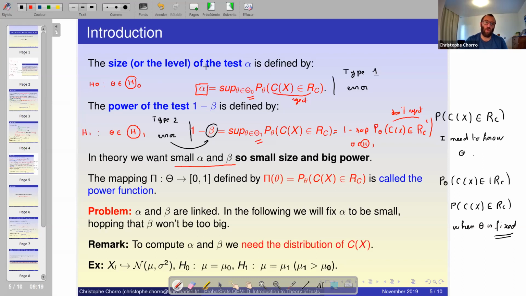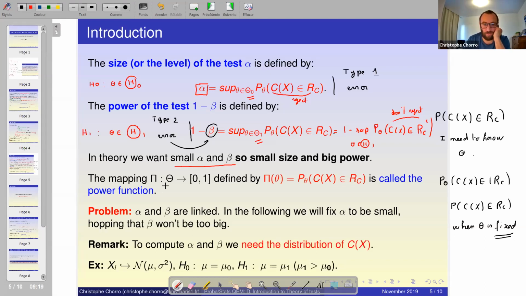So I want a small size, that is a small alpha, and a small beta, and so a big power. That's why I said that I want alpha and beta small, in order to minimize the type 1 and the type 2 errors. That will imply a small size for the test and a big power.